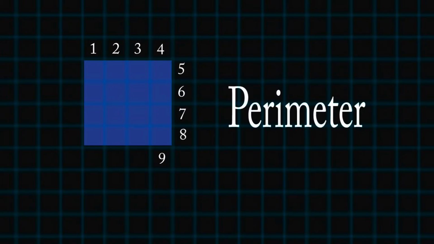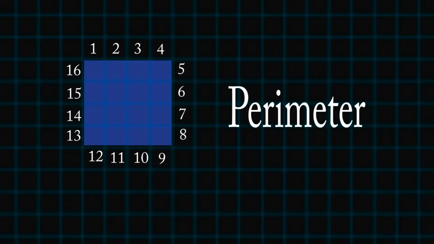Take a look at this square. This square has a perimeter of 1, 2, 3, 4, 5, 6, 7, 8, 9, 10, 11, 12, 13, 14, 15, 16 units.